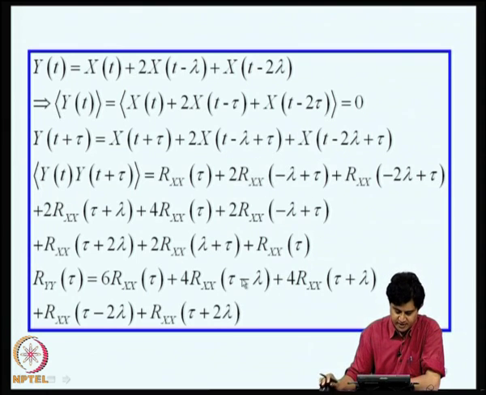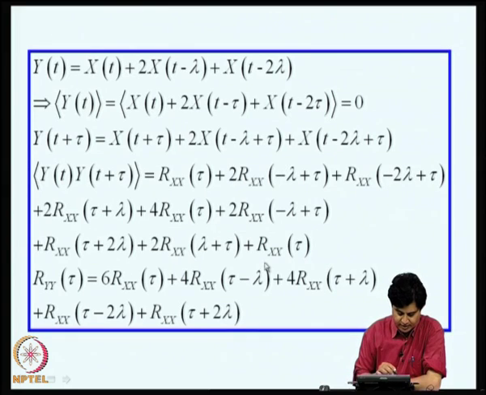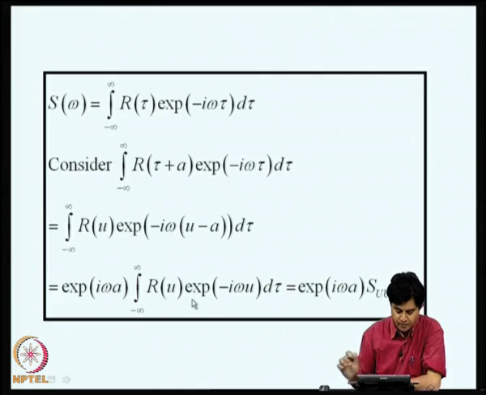So, we have to simplify this to get the required expression. Now, we have determined the autocorrelation of y of t, which is the autocovariance also, since the mean is 0.